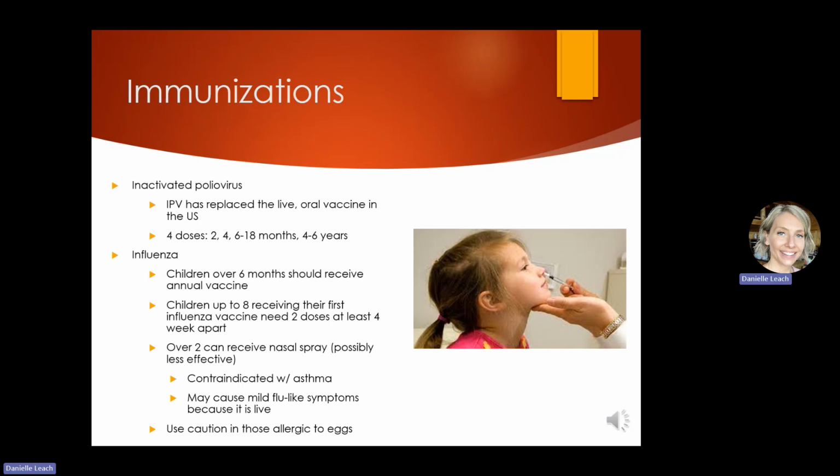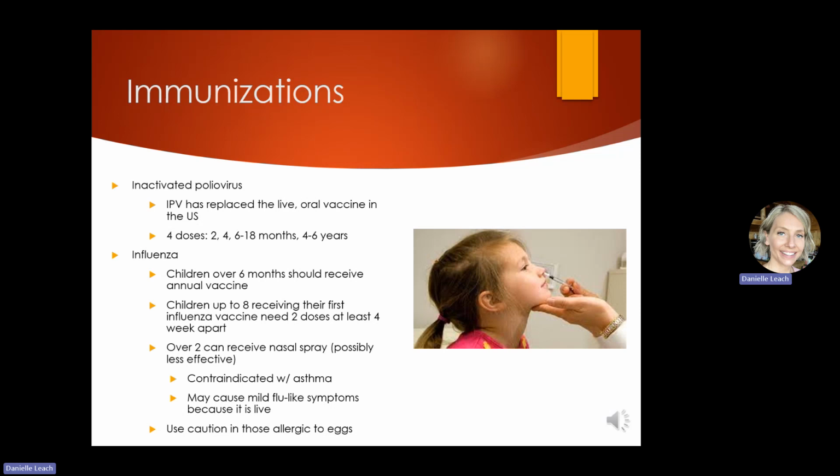We're all probably familiar with the influenza vaccine, but for children, they can start receiving it once they're 6 months of age. Their first dose, if they're 8 or younger, they need to have 2 doses. So sort of like their first dose and then an immediate booster that is given at least 4 weeks apart. If they're over 2, they can receive the nasal spray immunization for influenza if it's available.